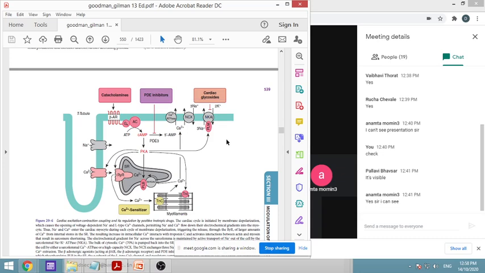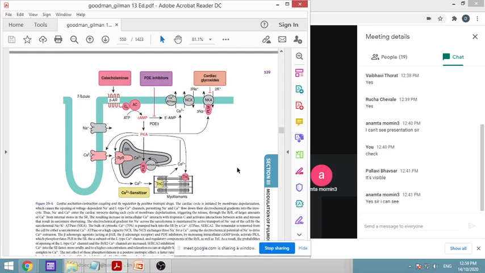The sodium potassium ATPase, where 3 sodium goes out, is inhibited because of the drug, and accordingly, because of this inhibition, the sodium will not go out, so sodium will accumulate.